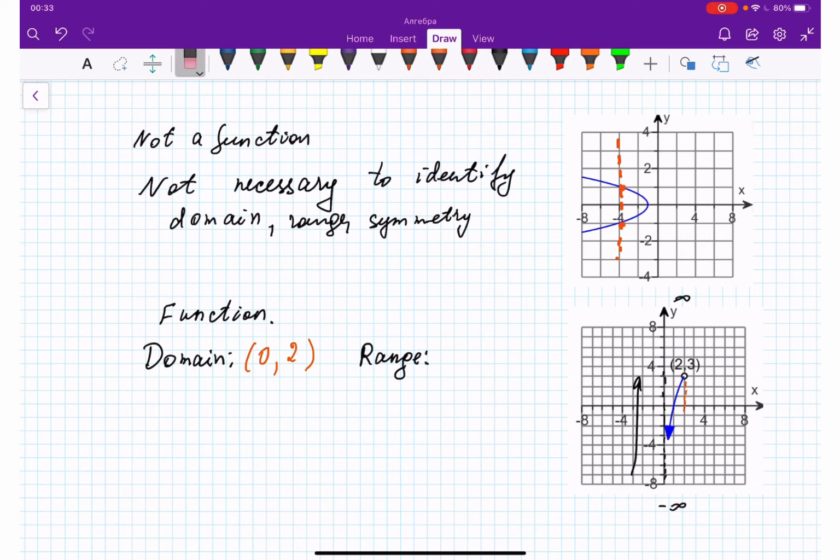So it's coming from negative infinity and it's going to stop right at this point, and because the circle is empty, the coordinate 3 is not included in the range. So it is going to be negative infinity, comma, positive 3.